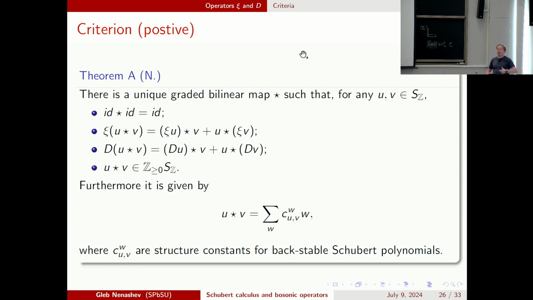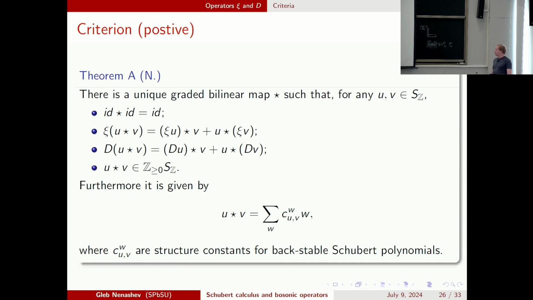For example, you can try to use these theorems to prove results for U times any Grassmannian permutation. If you can formulate a similar theorem, a graded bilinear map, where U is any permutation and V is Grassmannian of descent M, it's still true, and it can help to solve the case Schubert times Schur.